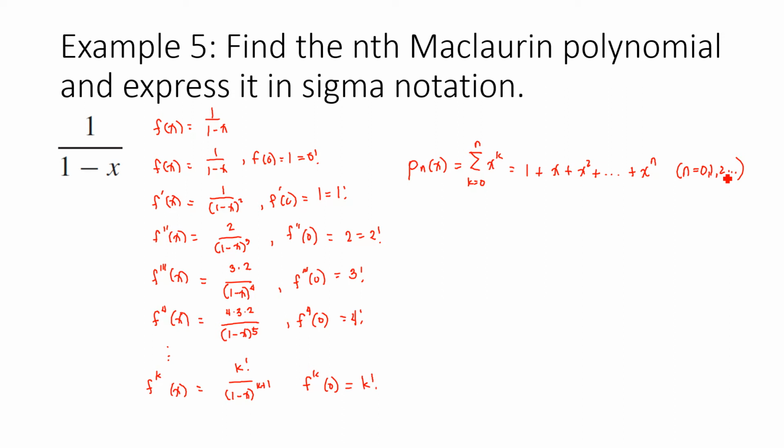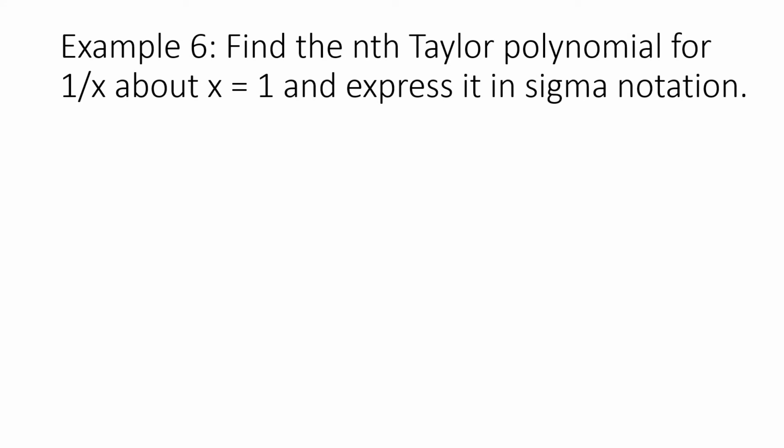Okay, find the nth Taylor polynomial for 1 over x about x equals 1, and express it in sigma notation. So in this case, we have f of x equal to 1 over x.